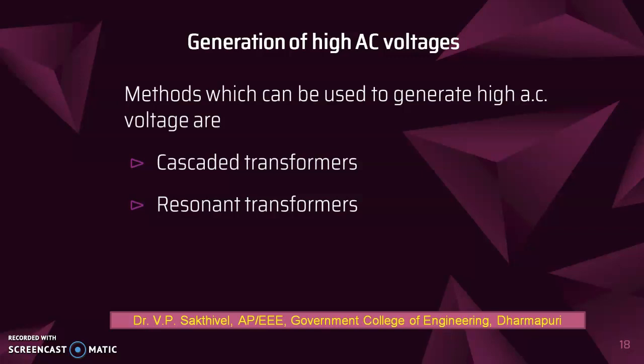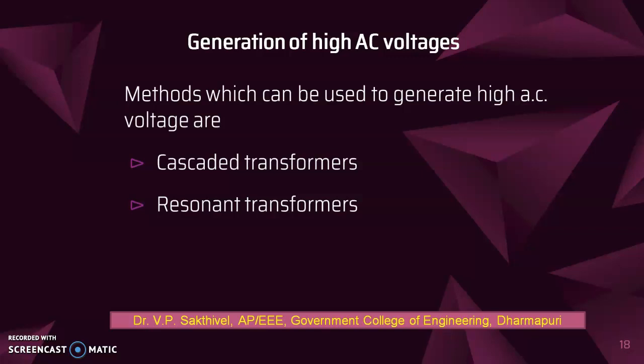For higher voltage requirements, construction becomes difficult and costly due to the installation problem. Consequently, the transportation and the erection of large transformers become difficult. In order to overcome these drawbacks, cascading of transformer units can be used.